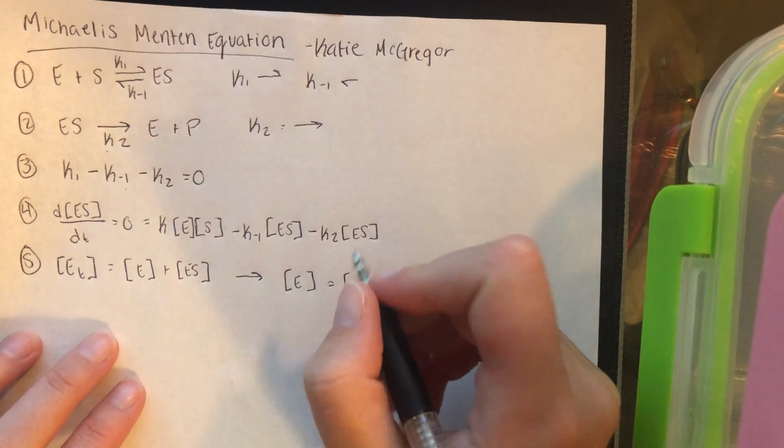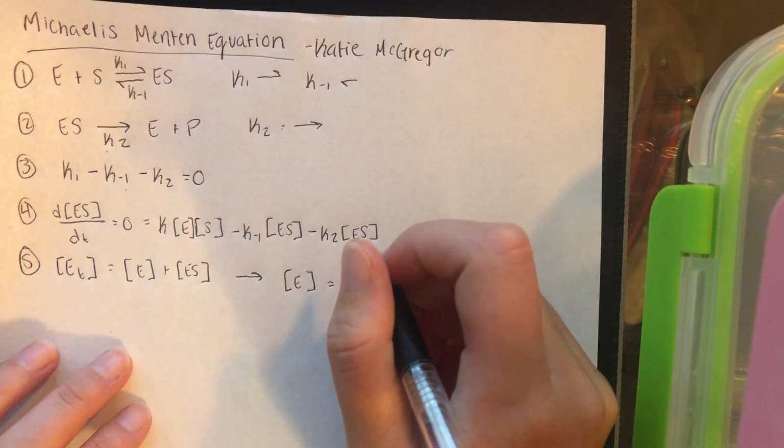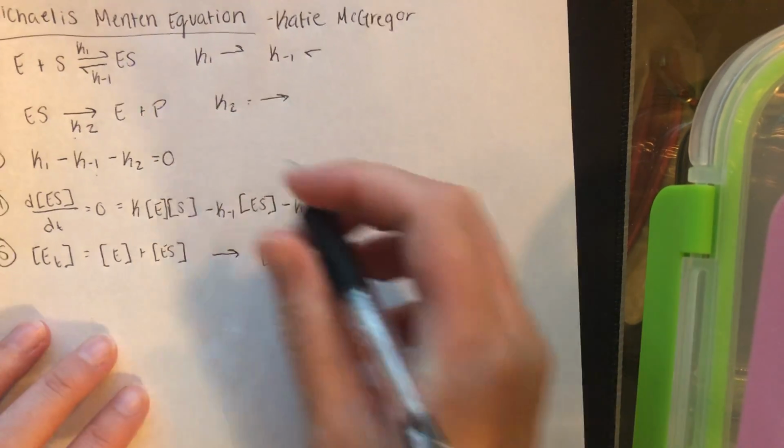So now we can substitute the enzyme total for our E in the previous equation.